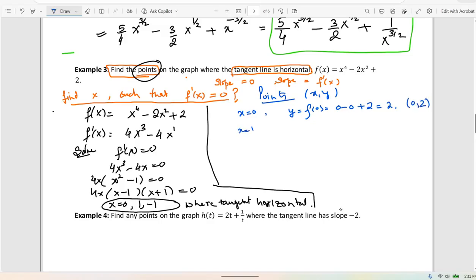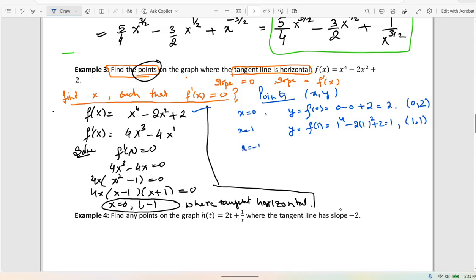When x is 1, y is f of 1. Let's put it in the function. The function is here, okay? 1 to the power 4 minus 2 times 1 squared plus 2. So basically 1 minus 2 plus 2, that will be 1. The point is 1, 1.